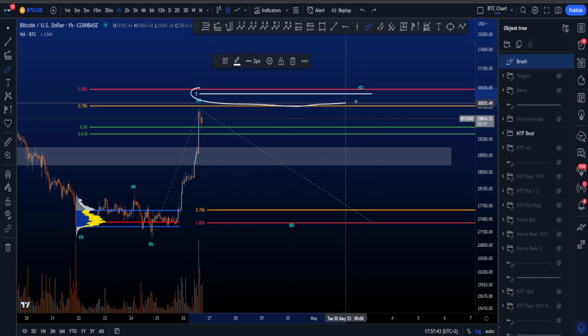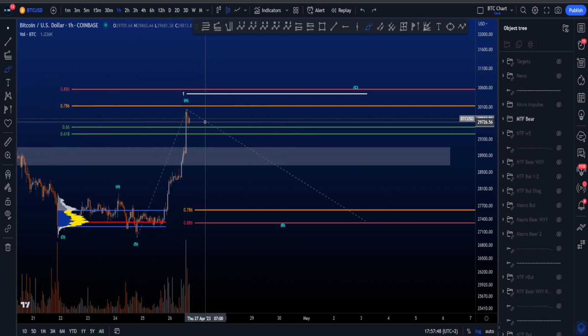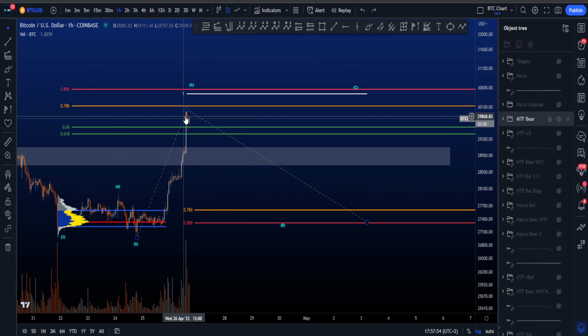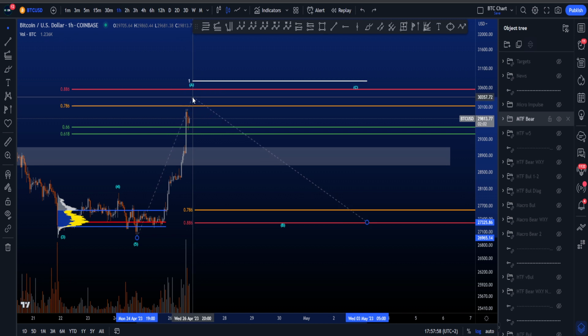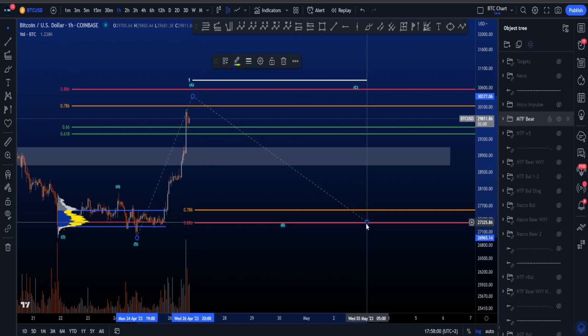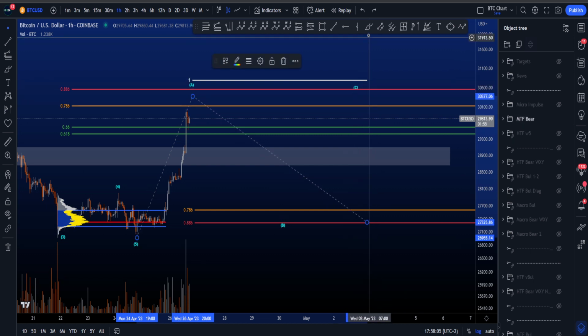But the 1-to-1 is already very, very close to the 886, which then is also very close to the high over here. The moment price is continuing to push in this first structure, so this wave A, you can see that this 1-to-1 is going to go up, up, up, up, up as well. So the higher wave A goes, the deeper wave B has to retrace in order for wave C to still be valid.